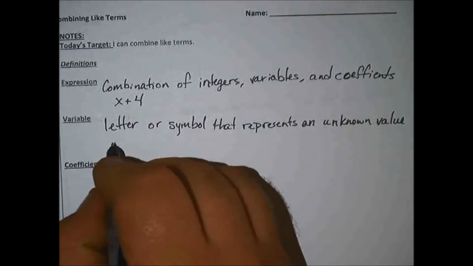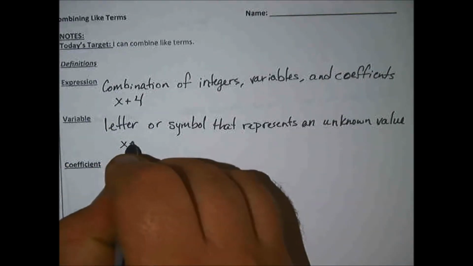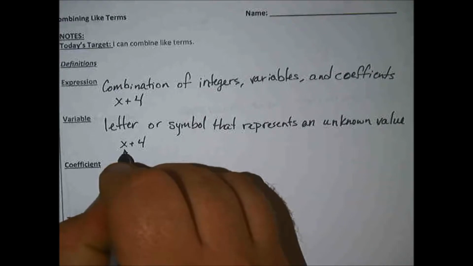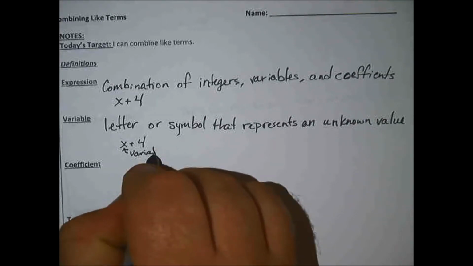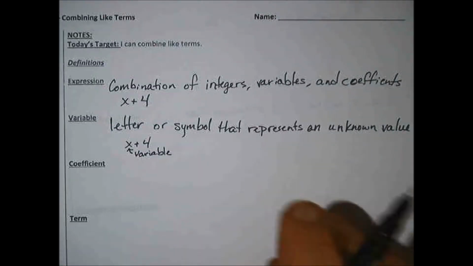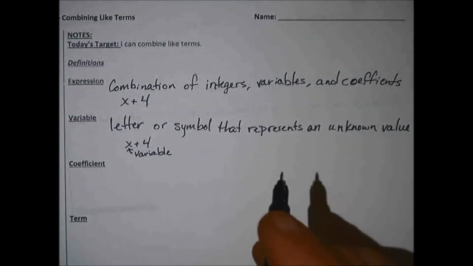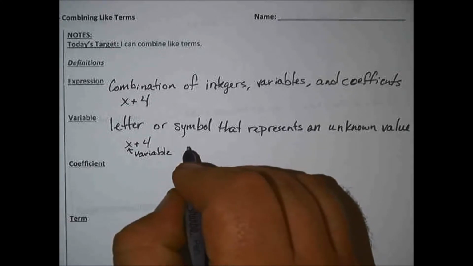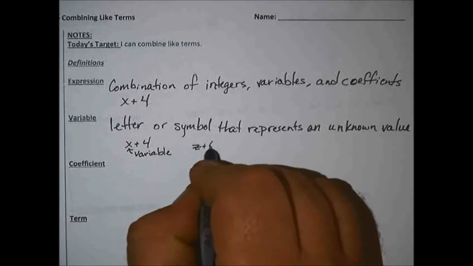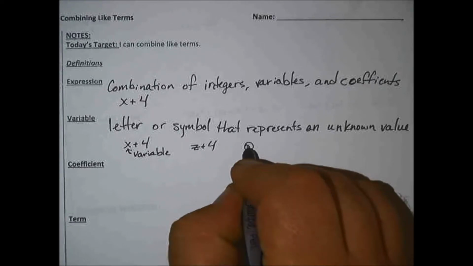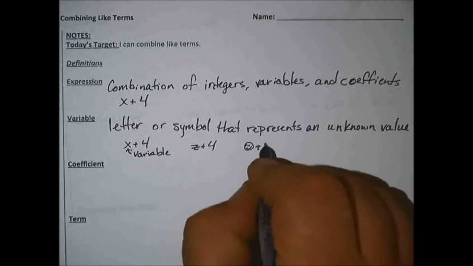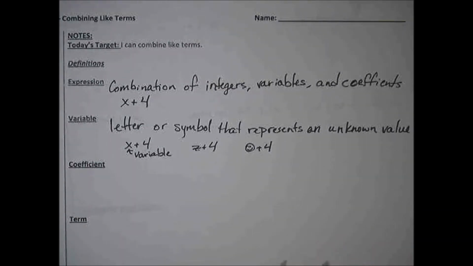You know, if I were to write this same expression, my x plus 4, okay, that is my variable. I could have just as easily written it as z plus 4, or maybe even smiley face plus 4. Okay, it doesn't matter what you use. It can be any symbol or letter that just represents some unknown value.